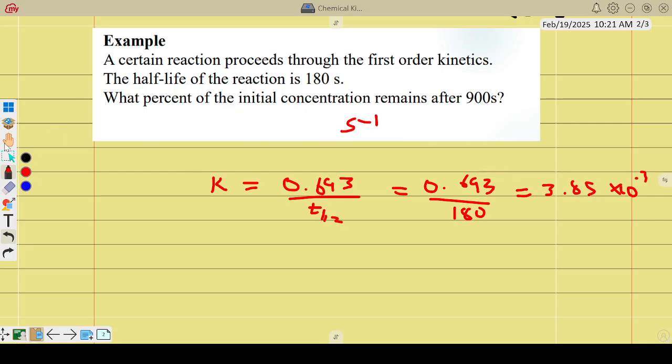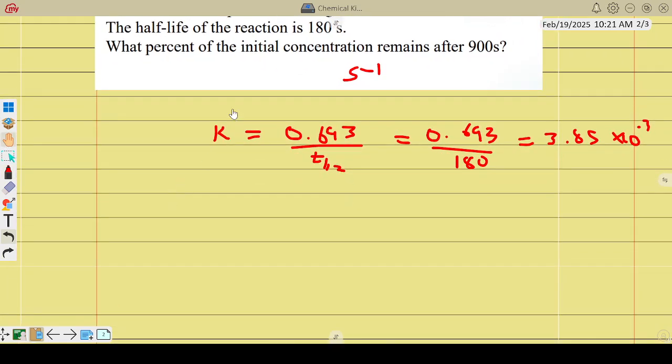Having found the rate constant, we want to find the percentage after 900 seconds. We know the integrated first order rate law. Let me write it the way we've known it now.